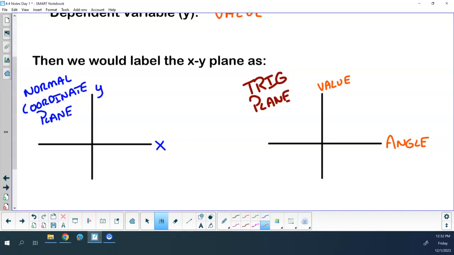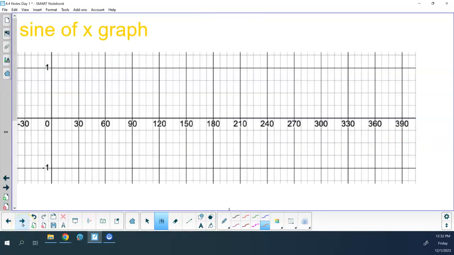So let's start with sine. We want to graph the sine of x, or really it's y equals the sine of theta. And this is where the spaghetti is going to come in. You should be on the sine side of your graph.